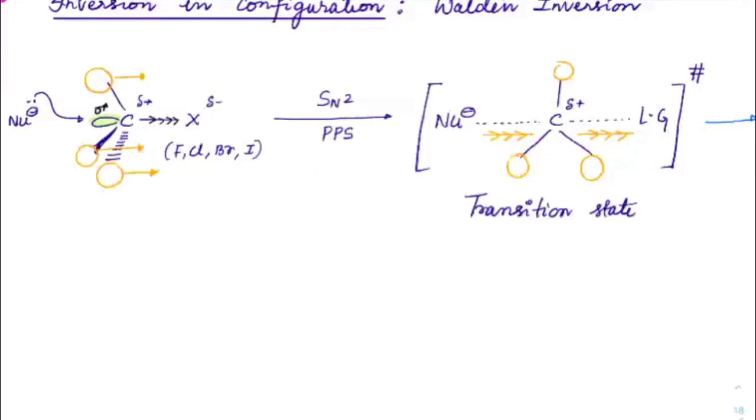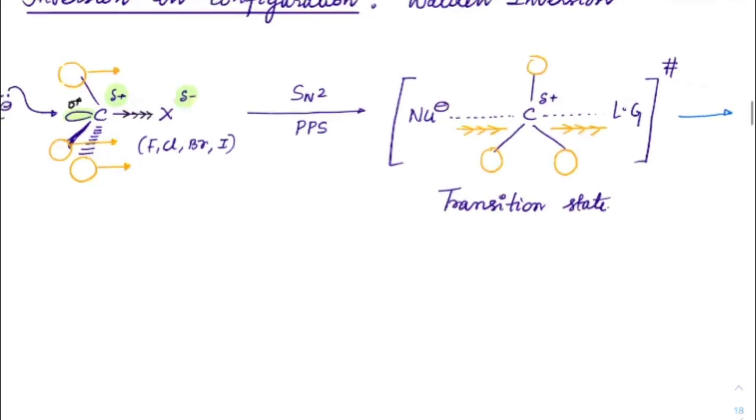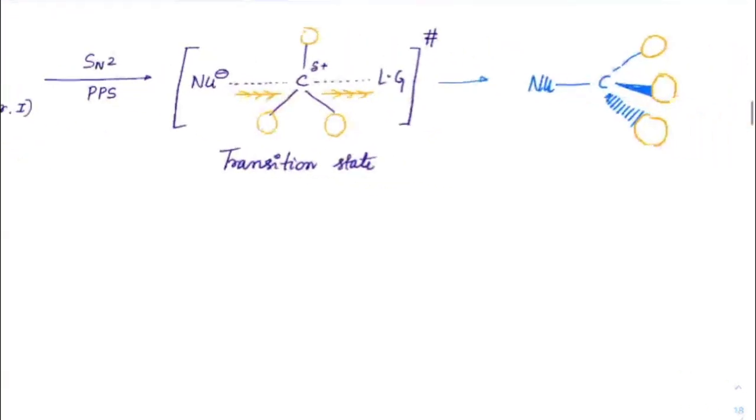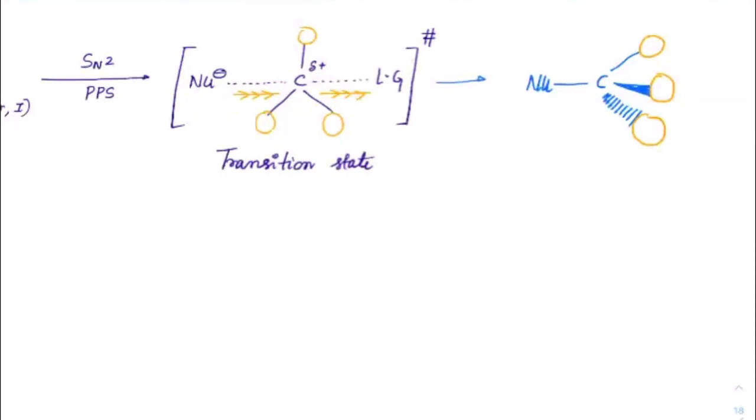Already it has some inductive effect. Because of that inductive effect only, it has this delta negative and delta positive charge. But as the nucleophile starts approaching, this inductive effect becomes even stronger. This is called inductomeric effect. So when the nucleophile approaches this sigma star, you would observe an inductomeric effect happening, which means this rapid movement of electrons towards the leaving group.